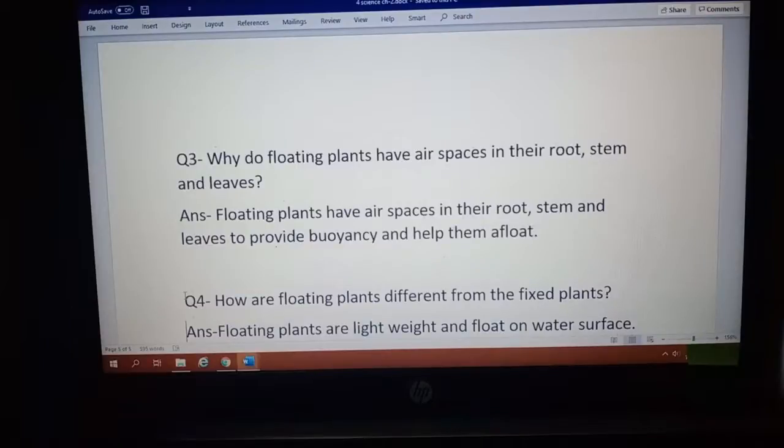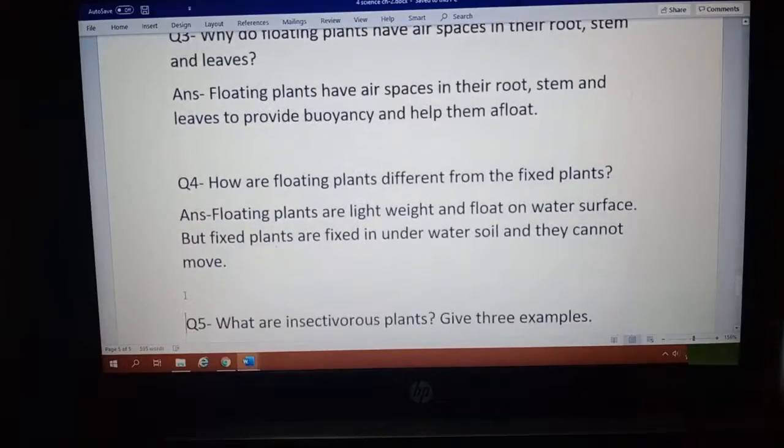Floating plants have air spaces in their roots, stems and leaves to provide buoyancy and help them stay afloat. Means such a feature of this plant provides buoyancy, it helps them float in water and keeps them on top of the water.